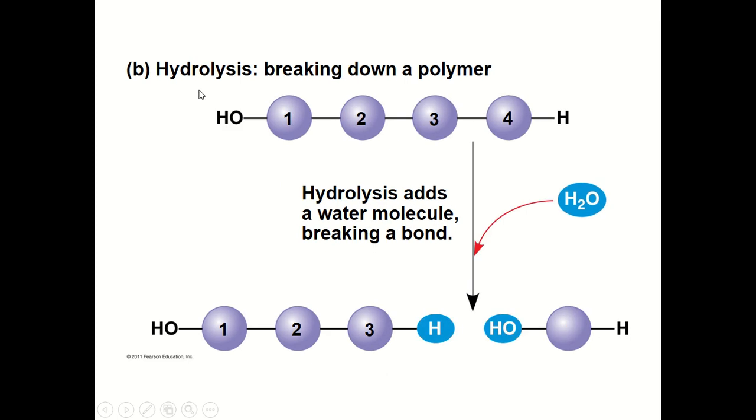Meanwhile, hydrolysis is the breaking down of the polymer. When this one is a longer polymer, you add water through hydrolysis and the bond will break down over here and form a monomer and another short polymer.